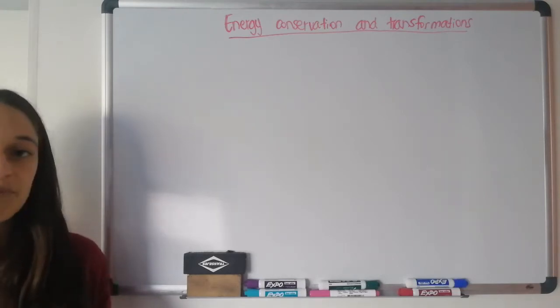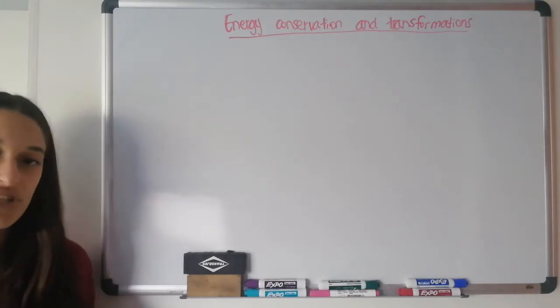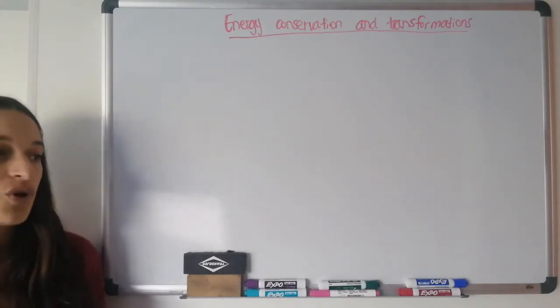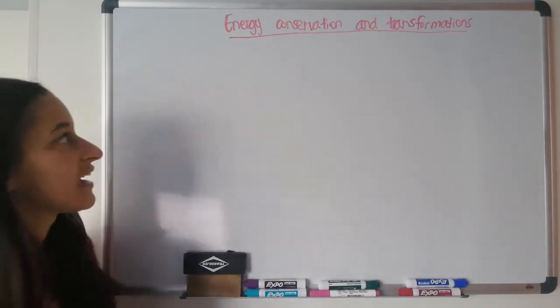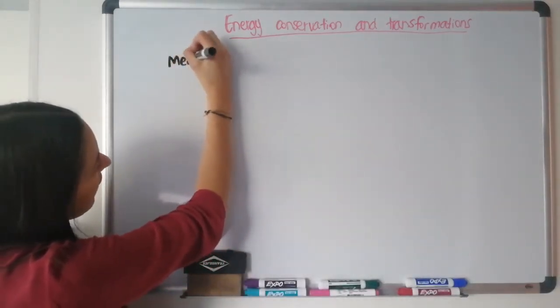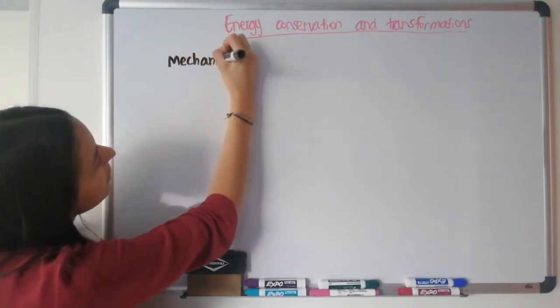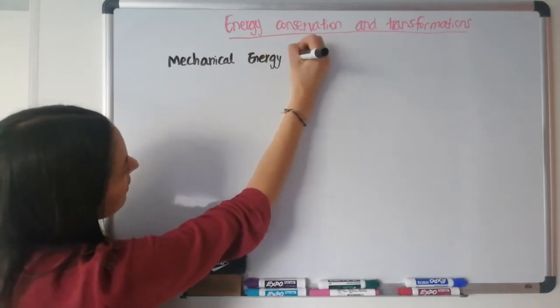So the first thing that we need to remember for today is the law of conservation of energy, which is that energy cannot be created or destroyed, only transformed. So two classes ago, we had written that as an equation because we had defined mechanical energy as the sum of potential and kinetic energy.